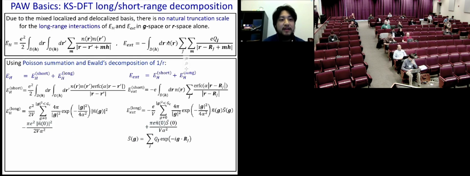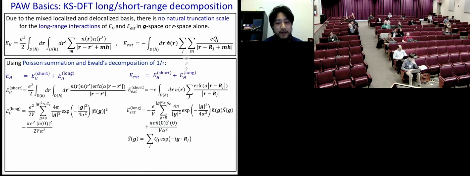So for the Hartree energy and the electron-ion external energy, because you have no truncation scale for the 1/r term, we use an additional trick, the Ewald decomposition, to split up the 1/r term into an erfc plus erf function.